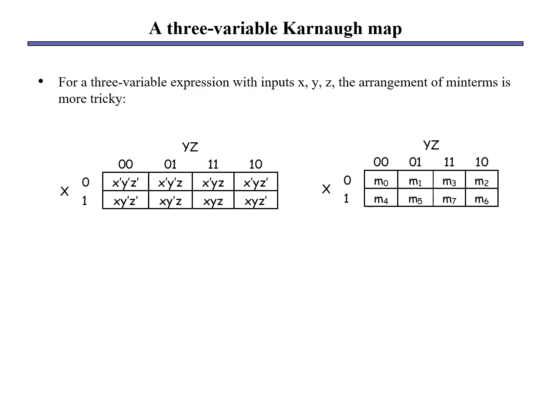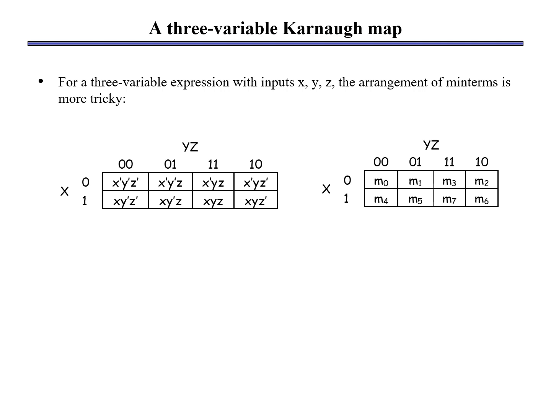This is the K-map for 3 variables. For 2 variables, we used only 4 cells. Here for 3 variables, we use 8 cells, starting from M0 to M7.